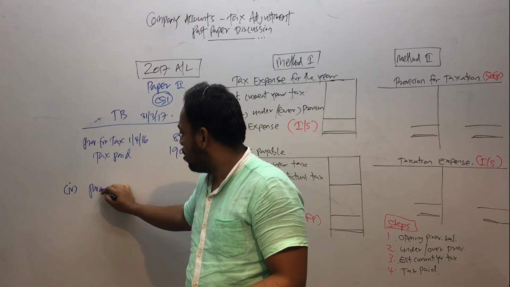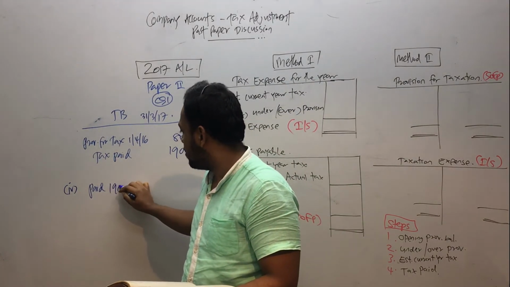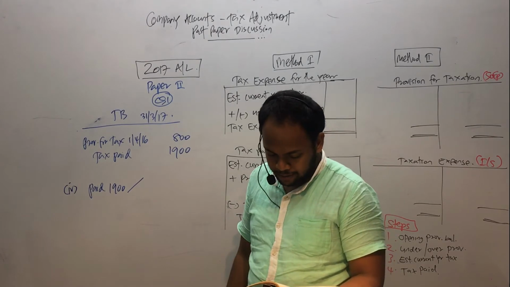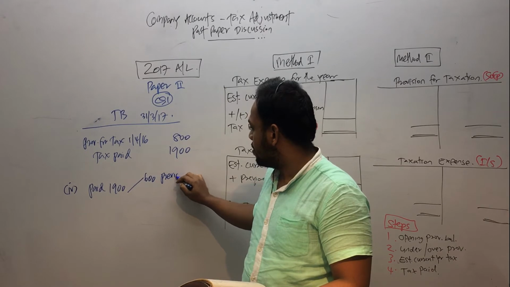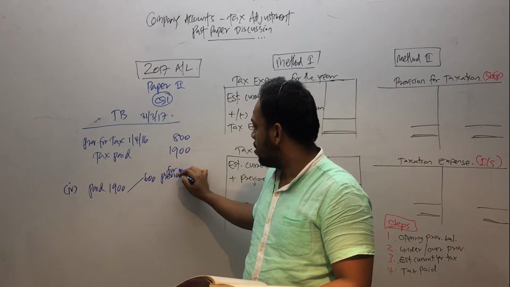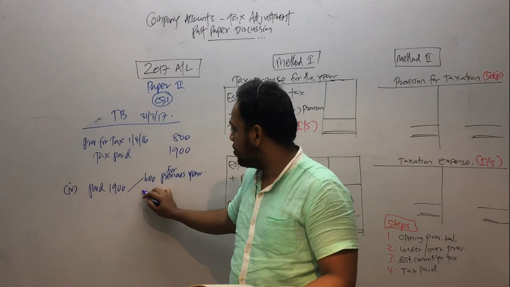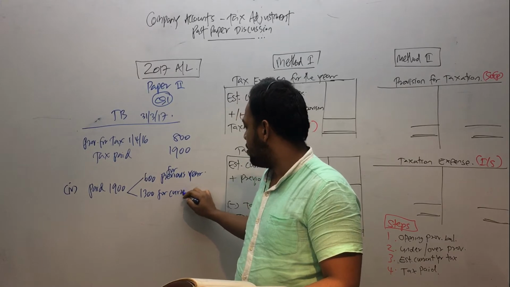So our tax paid is 1900, out of this 1900, 600 is for the previous year. That means 1300 is for the current year.